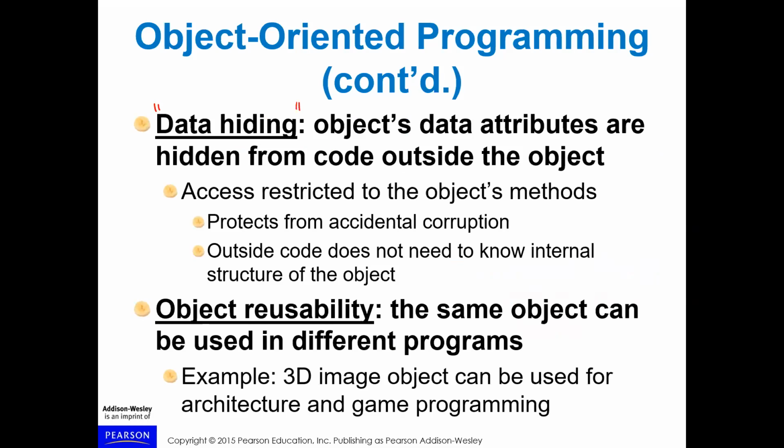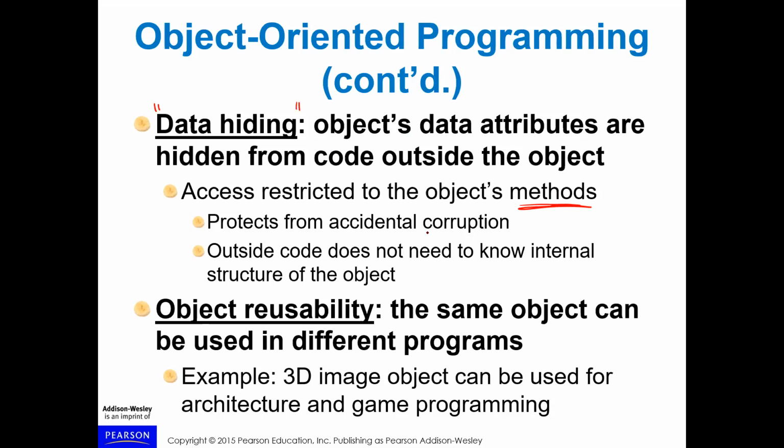Instead, if you want to get to those variables, you have to go through the encapsulation of the object itself. So access will be restricted to the object's methods. In essence, you'll have a variable and only the functions within that encapsulation will be able to access those variables.